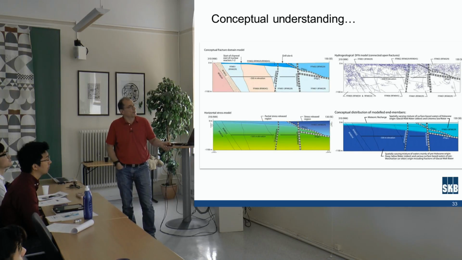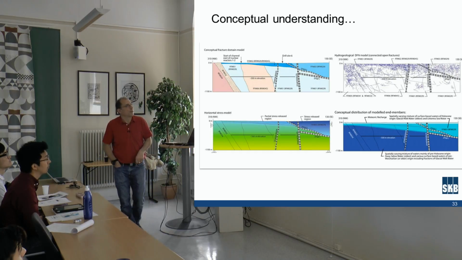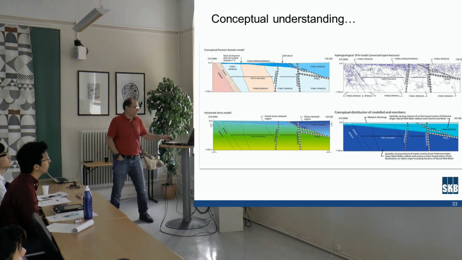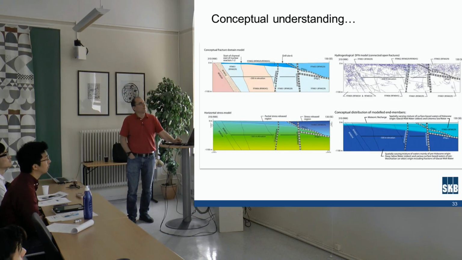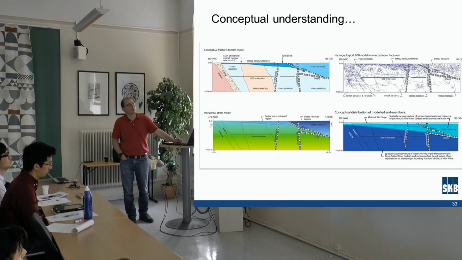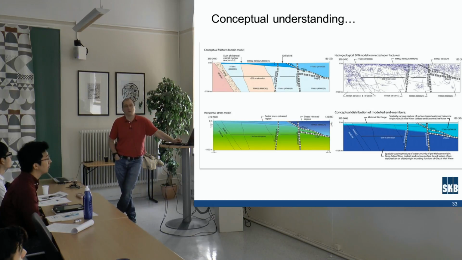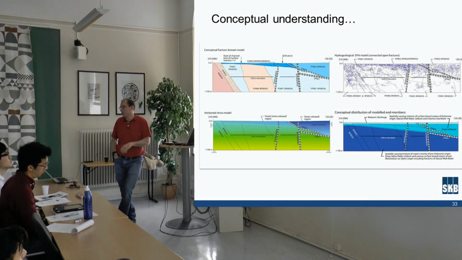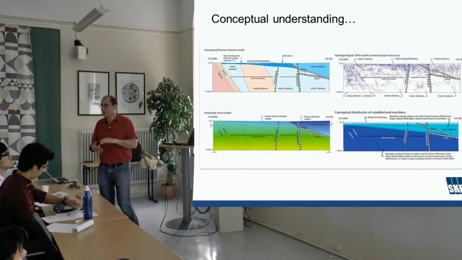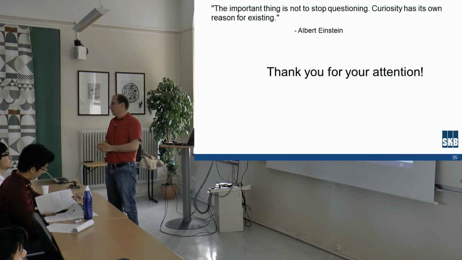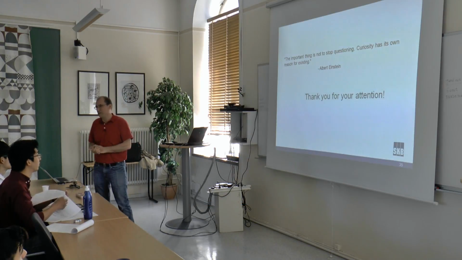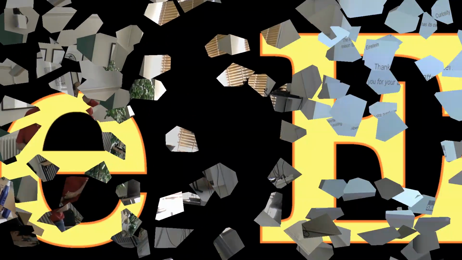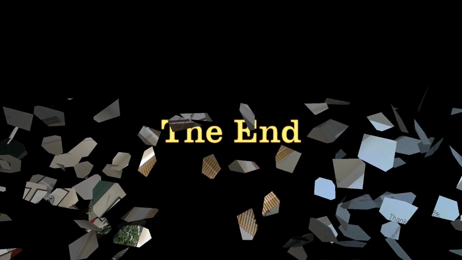Same trend, very close to the hydrogeology, of course. So this understanding has to be common, and if it's common, then we think we have come quite close to the truth. So, keep asking.